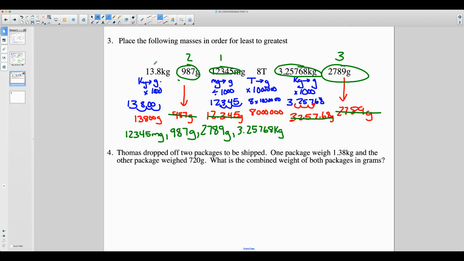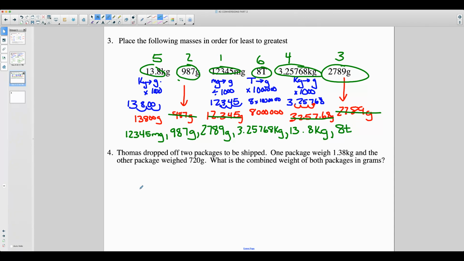Then we have this value here. So this was 4. Here's 5. 13.8 kilograms. And last but not least, number 6 gives us 8 tons.